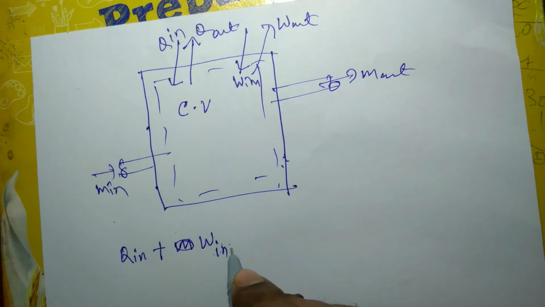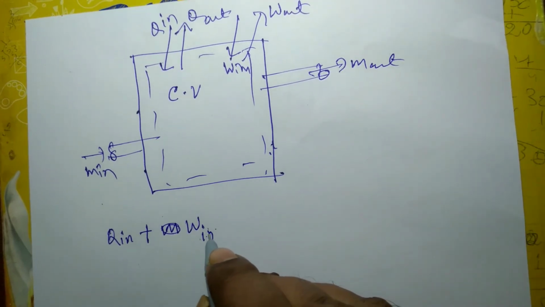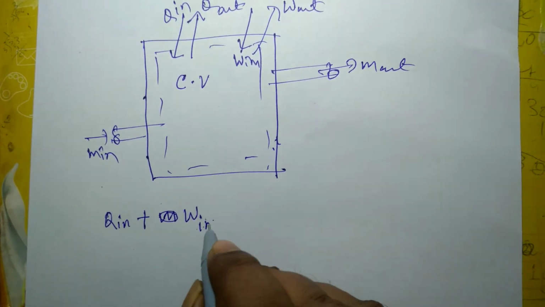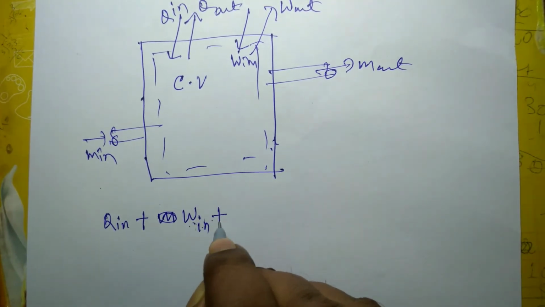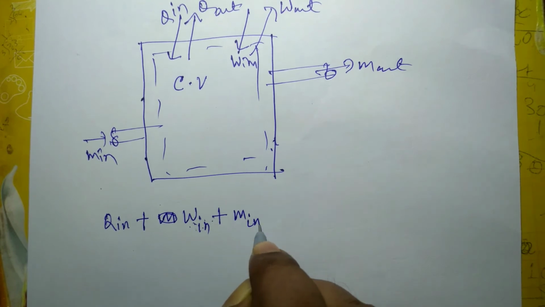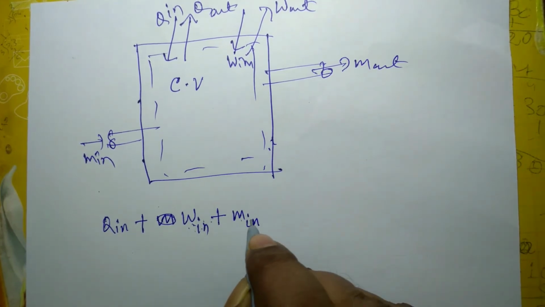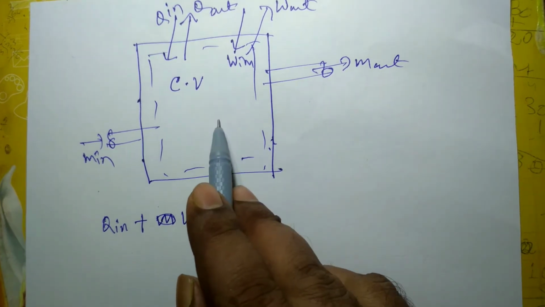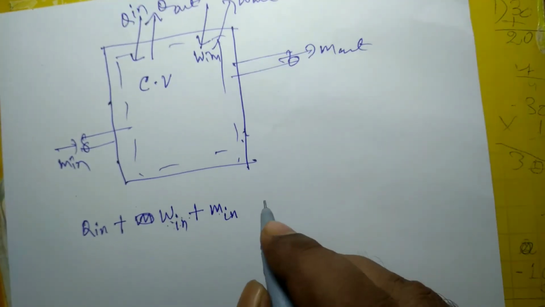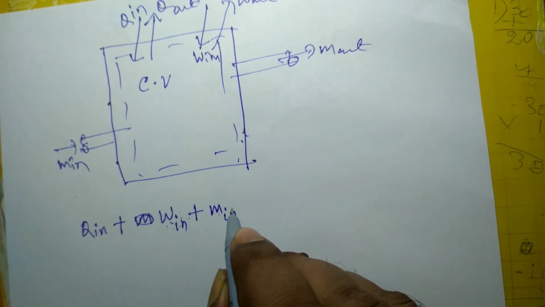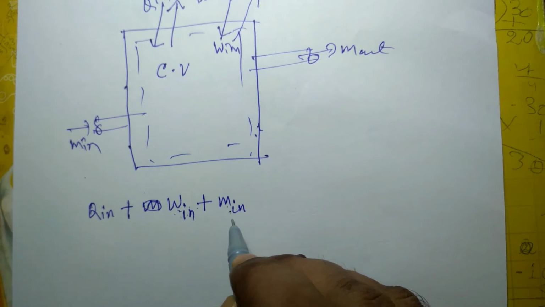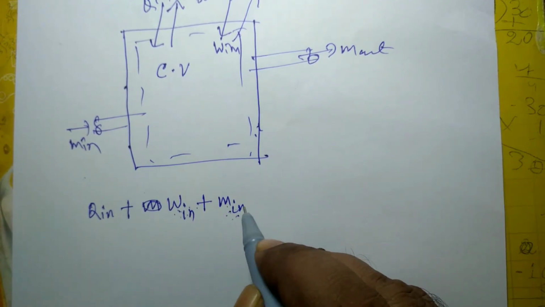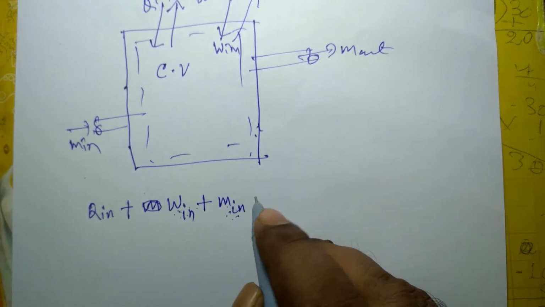When work is input into the system, conventionally we take it to be negative, but this is an energy entering into control volume plus, suppose M in is the mass that enters into the control volume over that finite period of time. हम अभी over a finite period of time analysis कर रहे हैं. We are not analyzing in terms of rate of flow of mass. M in represents the total mass of fluid that has entered into control volume over a finite period of time.